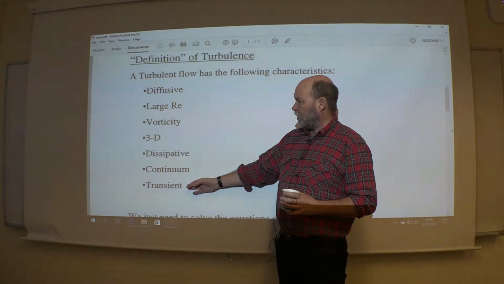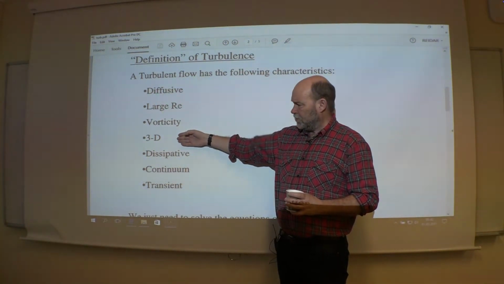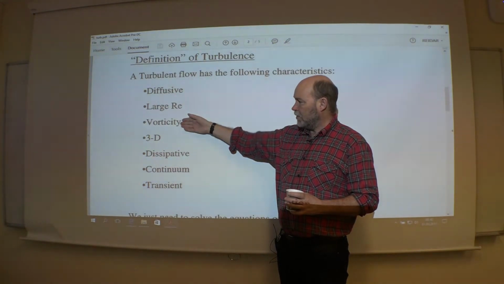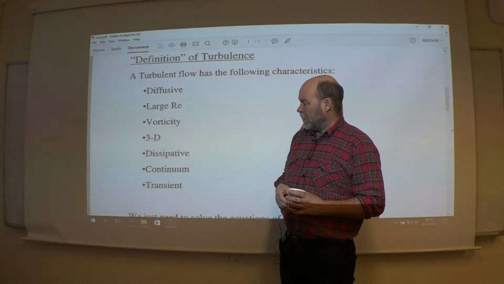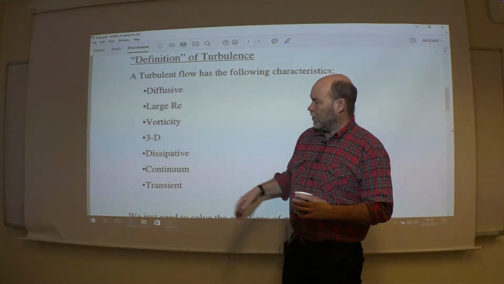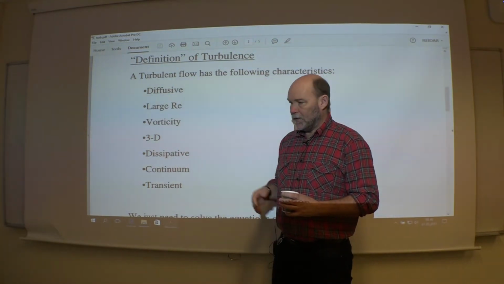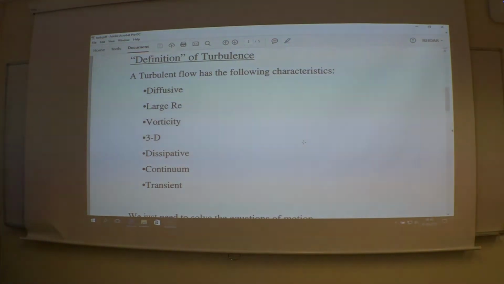So it's transient, not really 3D, it's two-dimensional. You have a lot of vortices. Reynolds number may be a little bit large, but you don't have all of them all together. So it's more or less a two-dimensional flow, hence laminar, although unsteady.